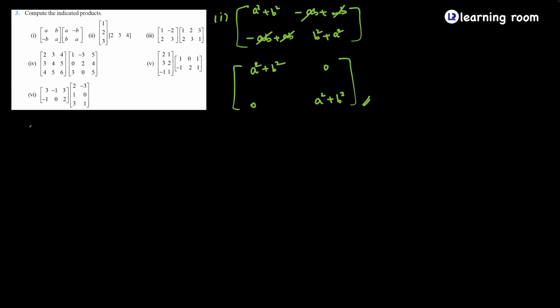Right. Second. So first of all, is it feasible? What is the number of columns here? Number of columns is 1. Number of rows is 1. So basically, this is a 3 cross 1 matrix. And this is a 1 cross 3 matrix. So what will you get? You should get a 3 cross 3 matrix, right? So what is the first element going to be?